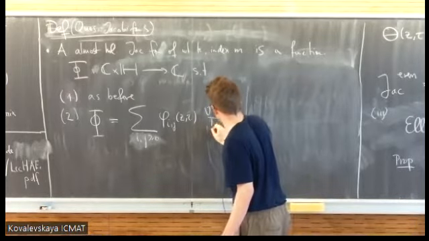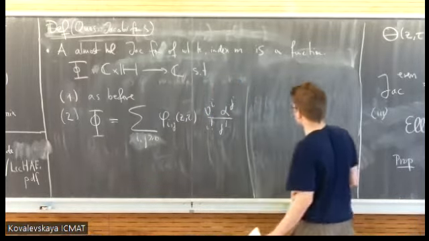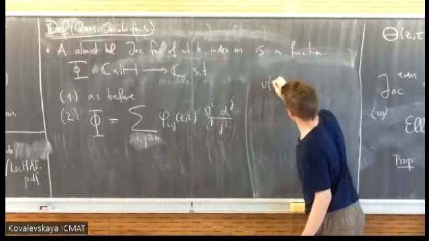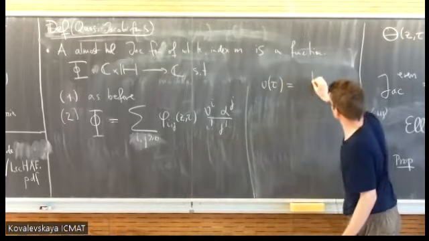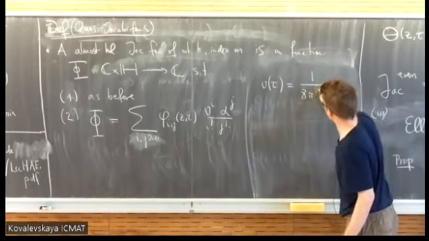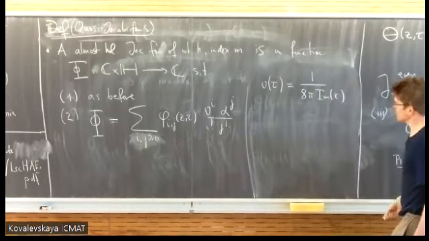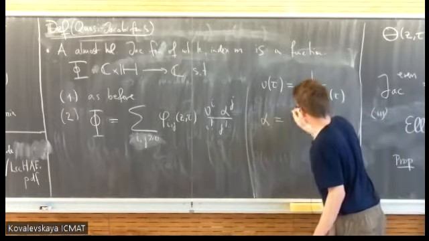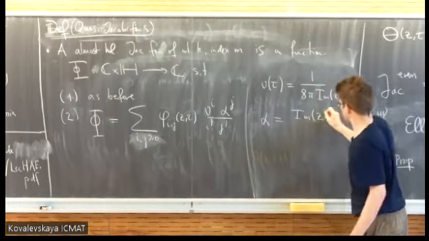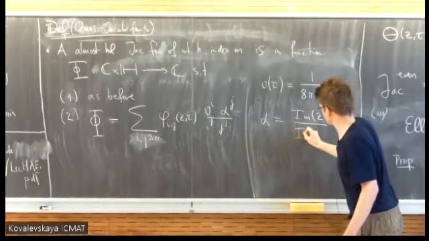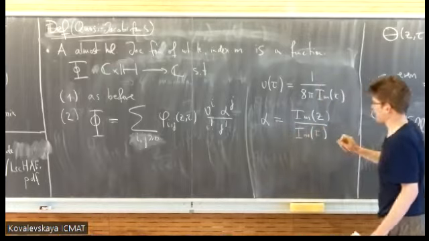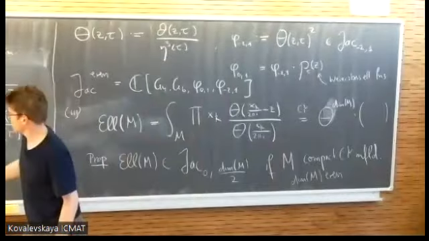Here nu of tau is a non-holomorphic function, it's 1 over 8 pi times the imaginary part of tau, and alpha is just the imaginary part of z divided by the imaginary part of tau.